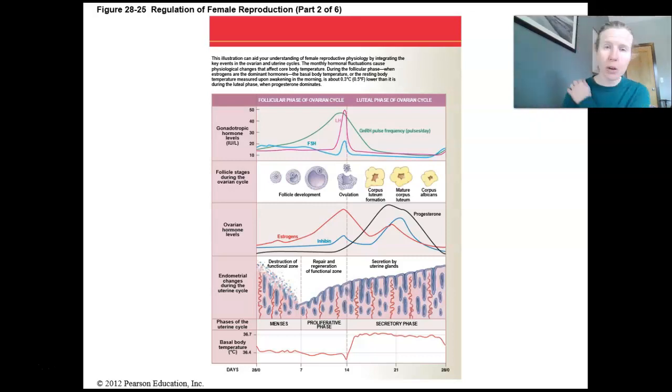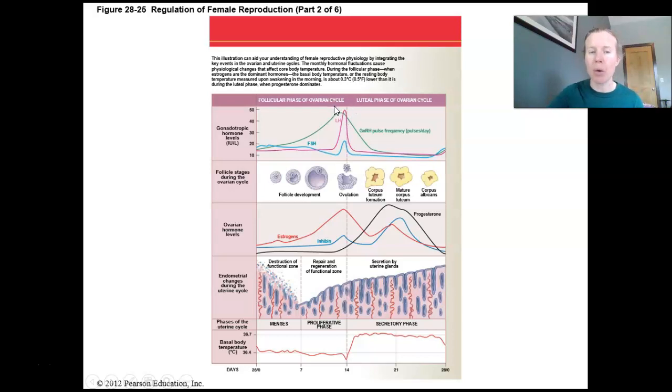So here's what we're looking at. So in this table, and your book has a similar graph, but notice what's going on here. So in this table, we're starting out by looking at the gonadotropins, right? So endocrine system. Remember, we have gonadotropin releasing hormone from the hypothalamus, and then we have here in blue follicle stimulating hormone and luteinizing hormone in pink.